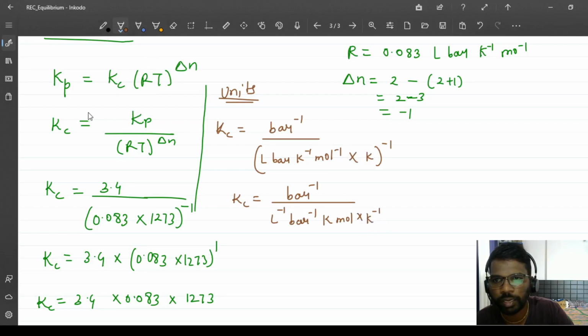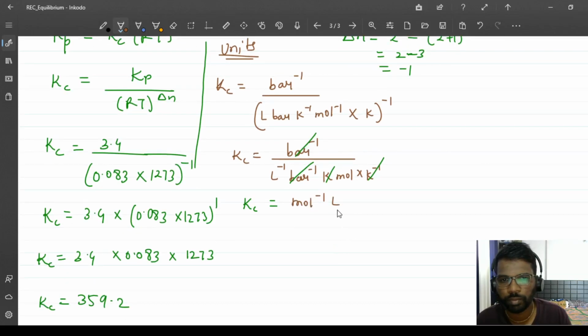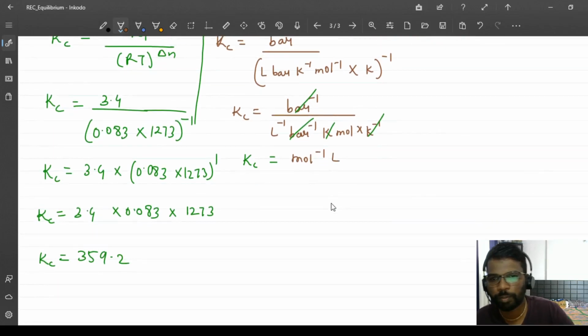Things that are going to get cancelled are per bar, Kelvin and Kelvin. What remains is the unit of Kc is equal to per mole liter. You can write per mole liter. This will be the unit of this.